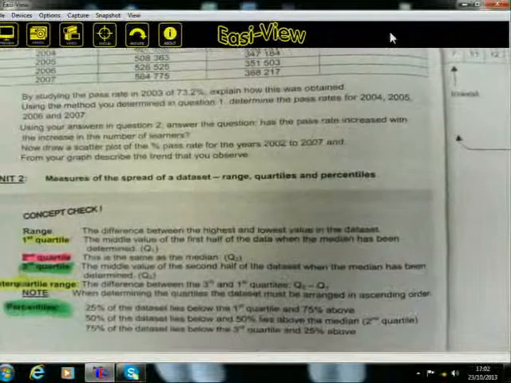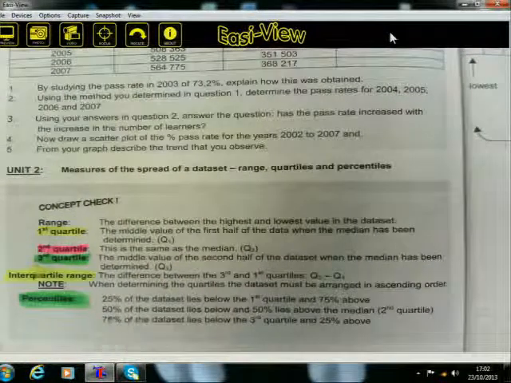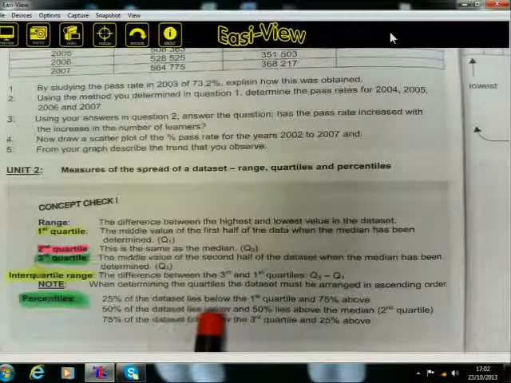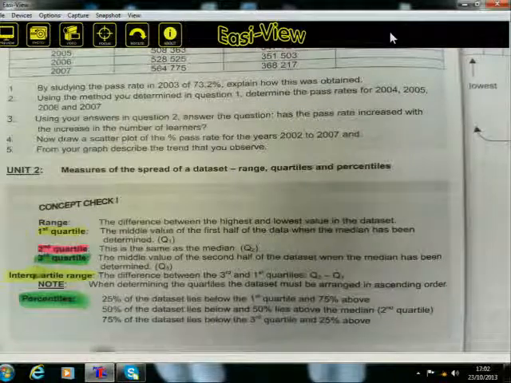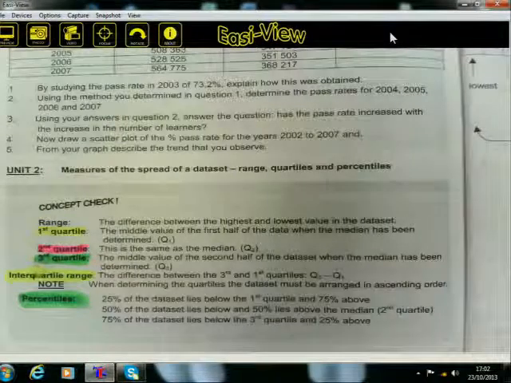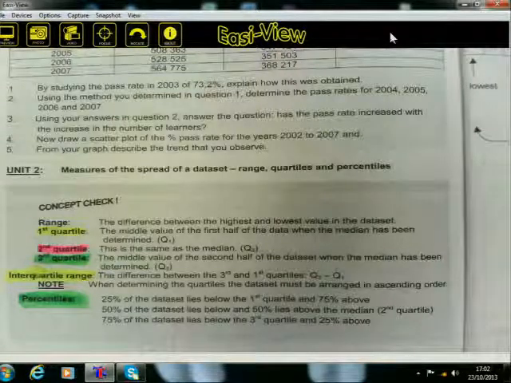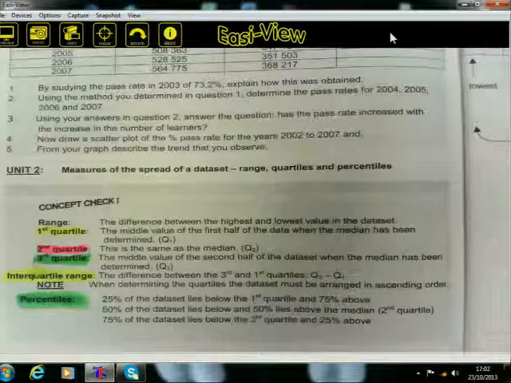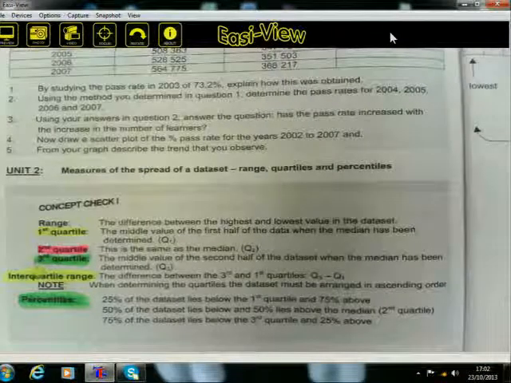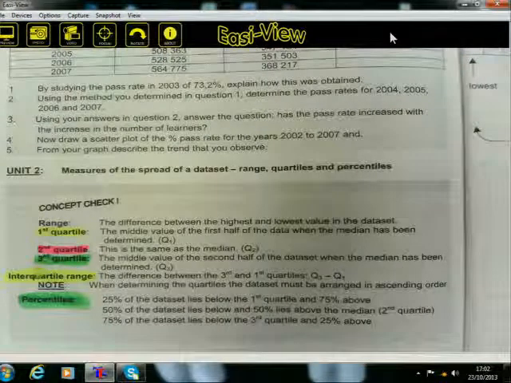That's what we are saying here again: 25% of the data set lies below the first quartile and 75% above. Remember why it's 75? Is it the 50 of the middle plus 25% of the third one? Sorry. Now that means 75% got above 15.